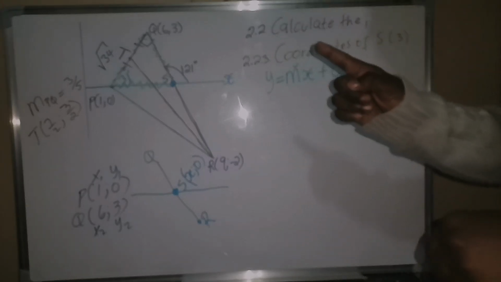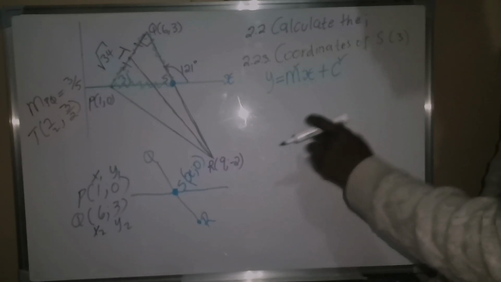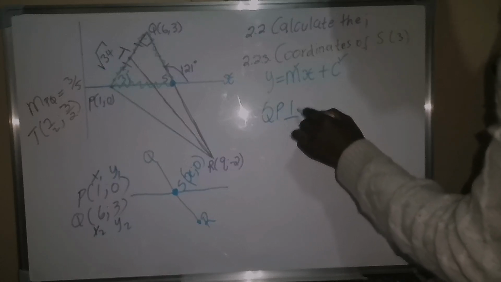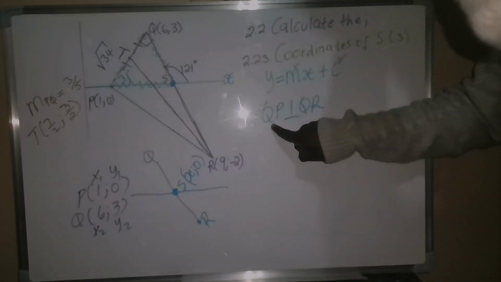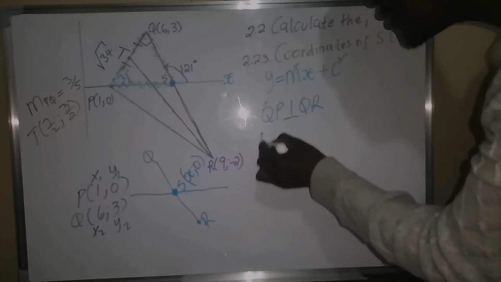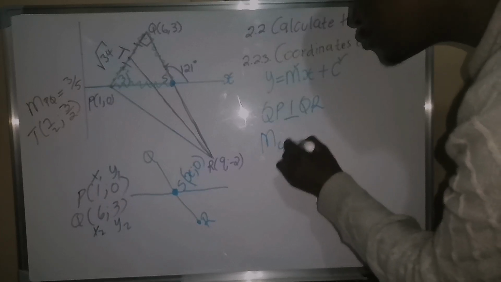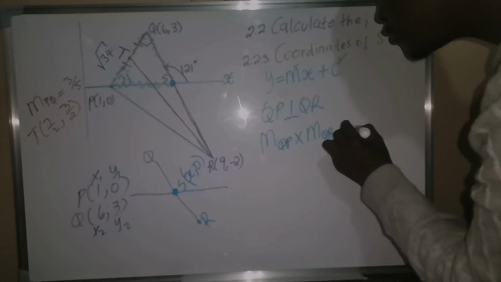One of the ways to find the gradient of QR: they told you that QP is perpendicular to QR. Therefore, the gradient of QP multiplied by the gradient of QR is equal to -1.